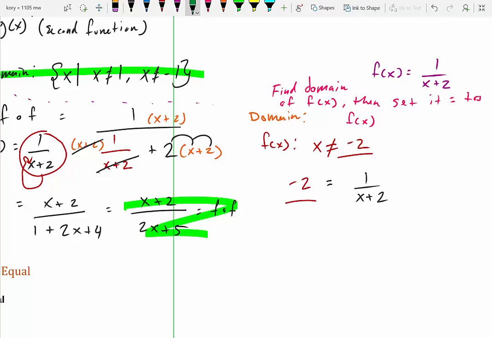So just to reiterate that, we're doing f composed with f. So you find the domain of f and then set it equal to the first one. And then we solve. What would you multiply by? X plus 2, good.